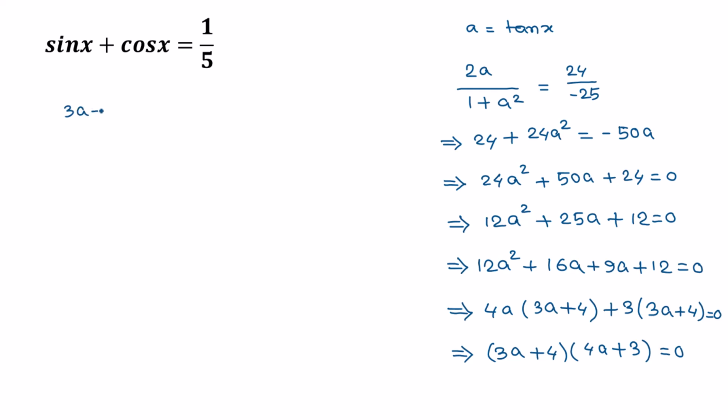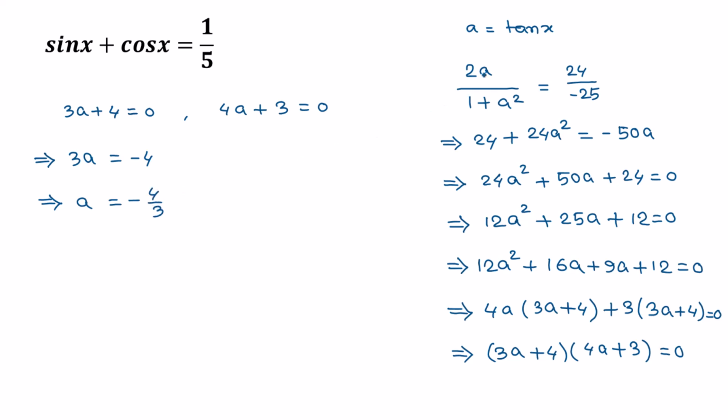When 3a plus 4 is equal to 0, taking 4 to the right side, we get 3a is equal to negative 4, and dividing both sides by 3, we get a is equal to negative 4 over 3.